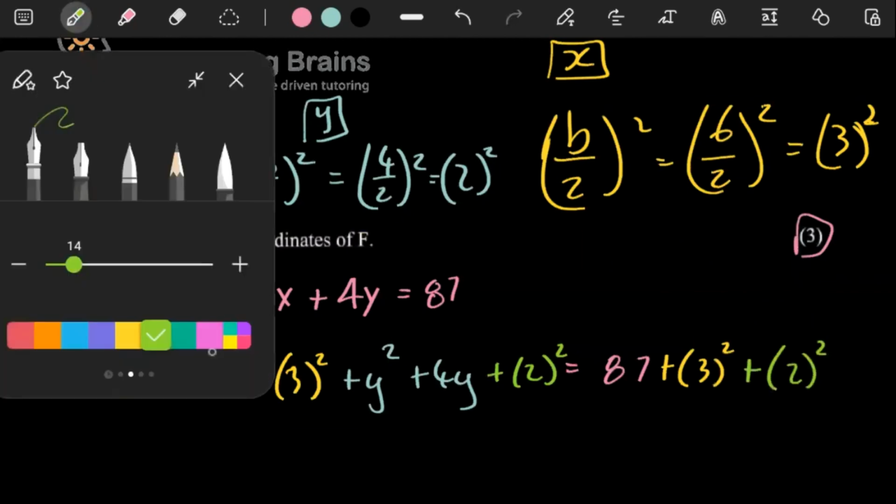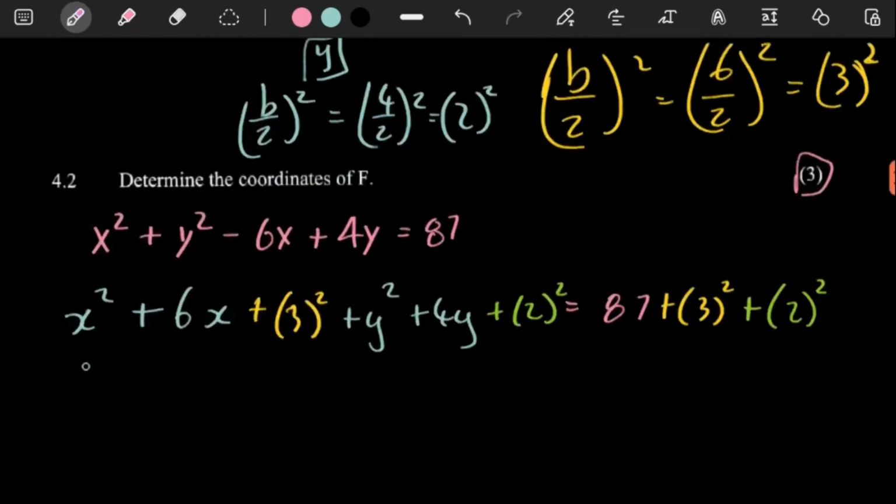So what we're doing here is we're trying to put this in a format that we can eventually factorize. So these first three, you literally just write them in one bracket where you have x and this number inside here. If it's a +3, you're going to put a plus there, then you square it. So these three are replaced by this bracket, because if you factorize this expression, you end up with this.